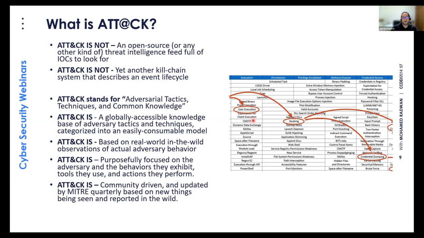So how can I convince the user to execute the malware, which might be something like disabling user access control on Windows? And then how do I install it after the user has accepted to have it installed on his PC? So going into something like hooking, which is another tactic. And then finally, using something like credential dumping tools for credential access.